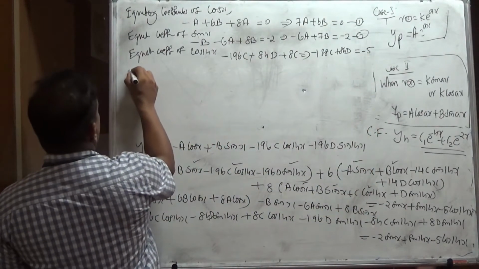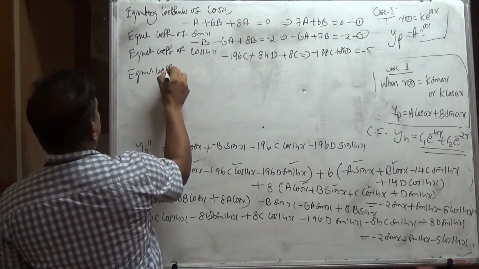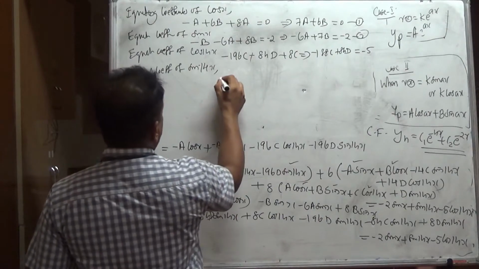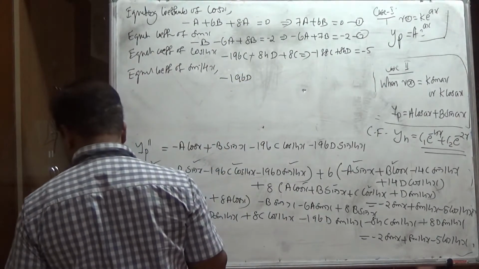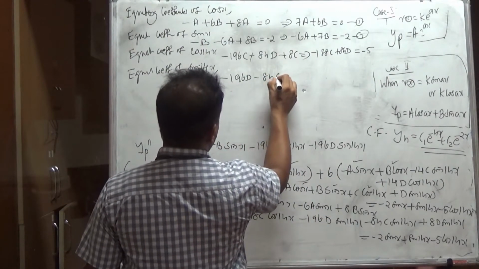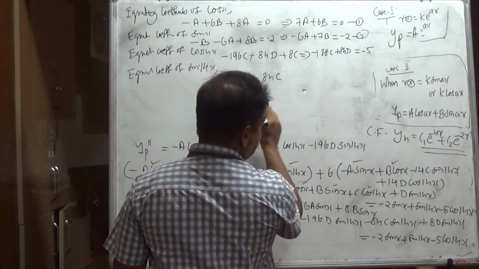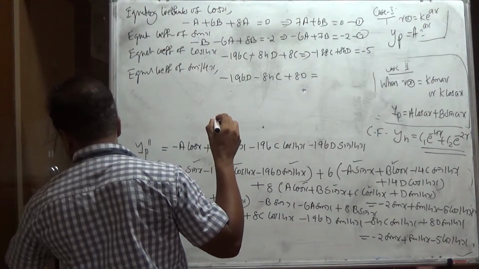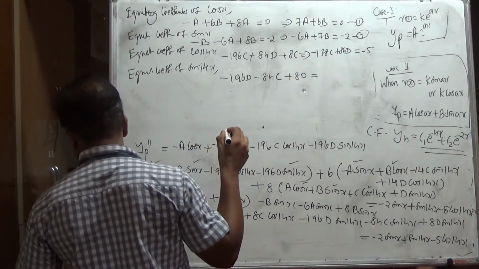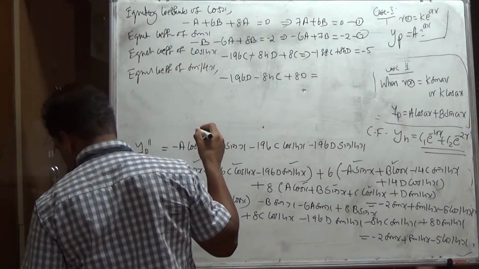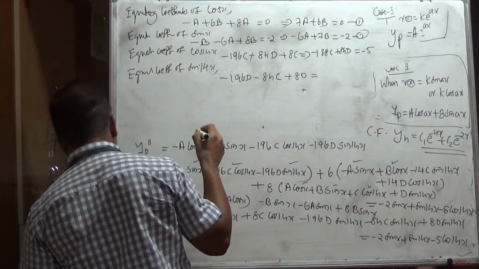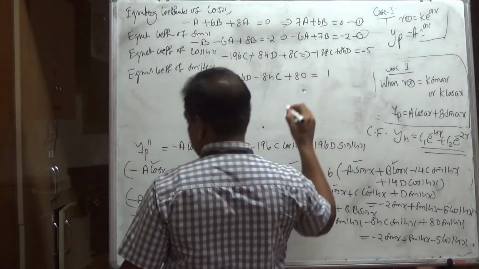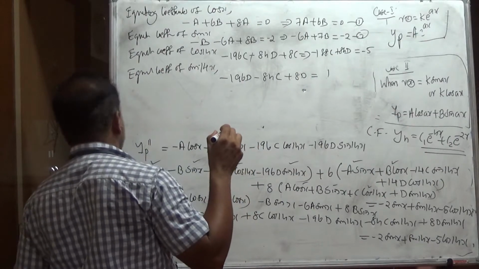The last is equating coefficients of sin 14x: minus 196d minus 84c plus 8d is equal to the right hand side, where the sin 14x coefficient is 1.